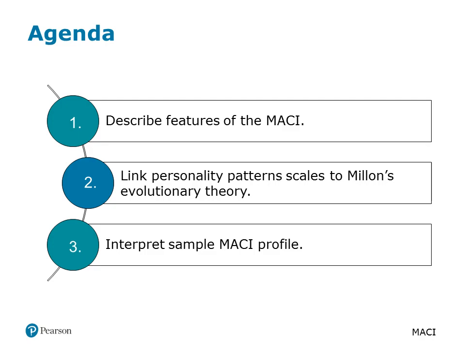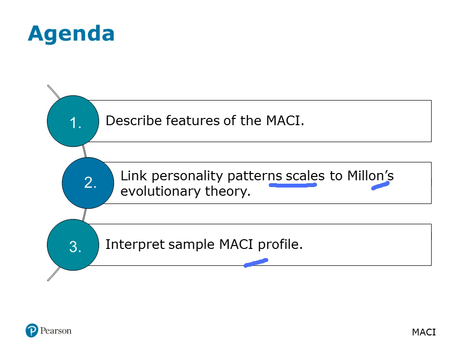So what we hope to accomplish within the next 50 minutes or so, we want to start by describing the features of the MACI, and then I want to talk specifically about the personality pattern scales. I'll talk about several different categories of scales on the MACI, but we want to spend some time looking at the personality pattern scales, especially in relation to Dr. Millon's evolutionary theory.